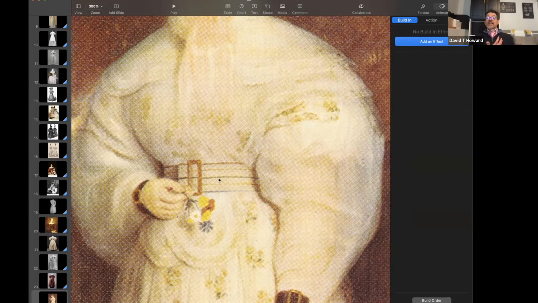So if you remember that idea of the fichu, the scarf, right? This is a combination between a capelet, which we're calling the pelerine, right? And the scarf, which we call the fichu, and that joins together to be called the fichu pelerine or the pelerine fichu.